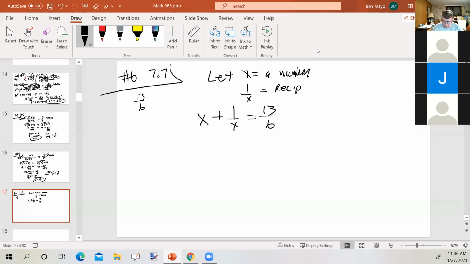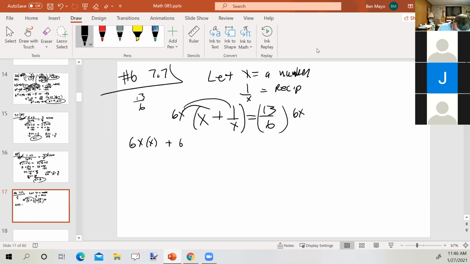All right, so our LCD would be 1 times x times 6, or 6x. So I'm going to multiply both sides of the equation by 6x. Distributing, I get 6x times x plus 6x times 1 over x equals 13/6 times 6x, which is 6x squared. The x's cancel there, reduce out, plus 6 equals 13x.